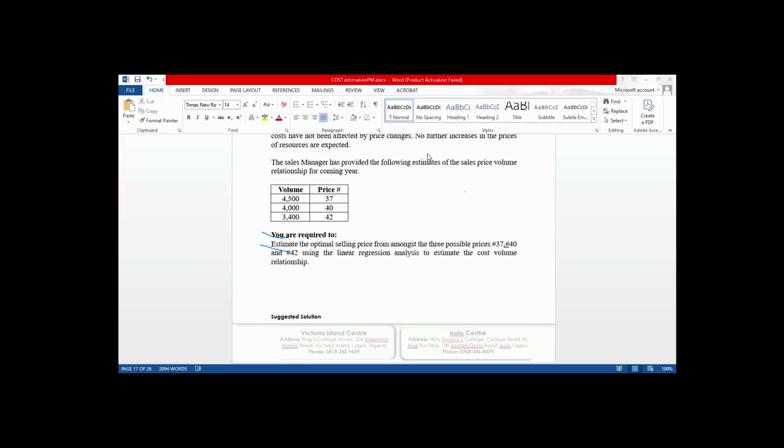So the question will be, what is optimal selling price? So to answer that, selling price that will give the company the highest profits.